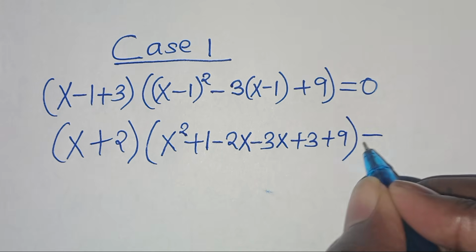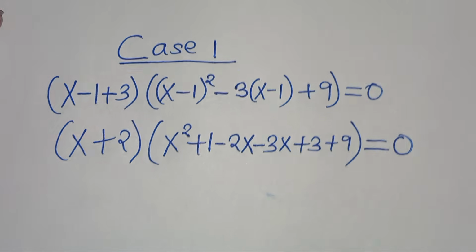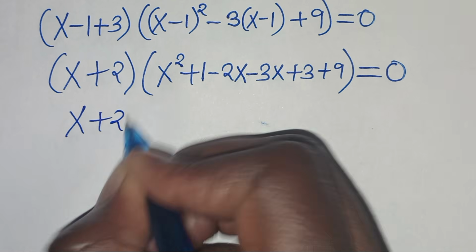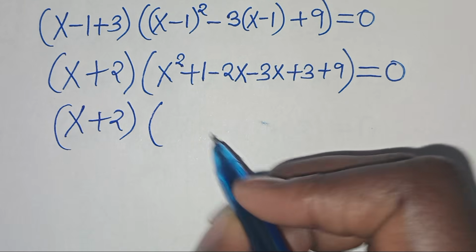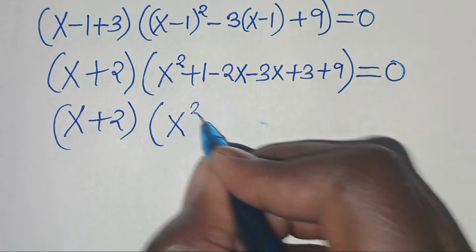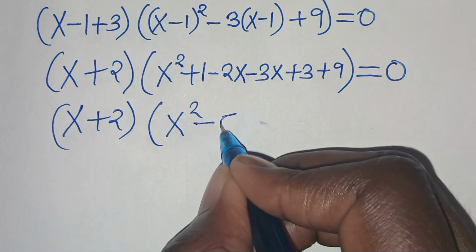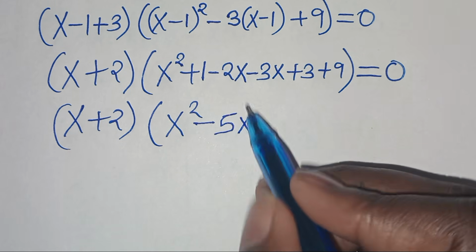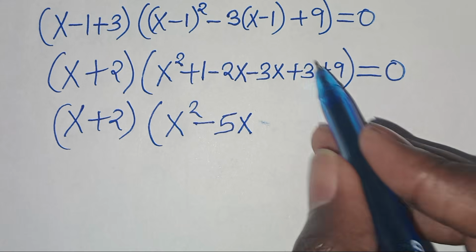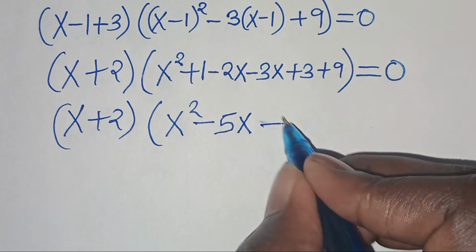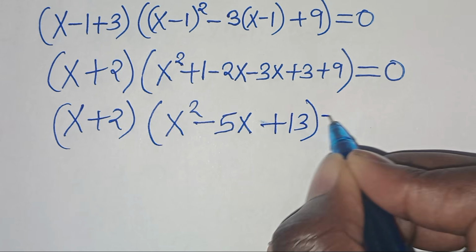This is equal to 0. Now we have (x + 2)(x^2 − 2x − 3x, this is −5x, then 1 + 3 is 4, and 4 + 9 is 13) = 0.